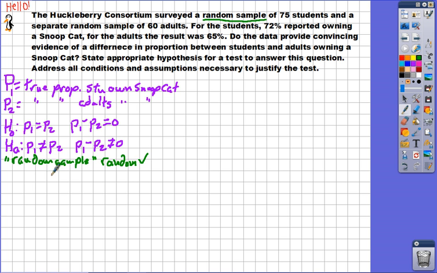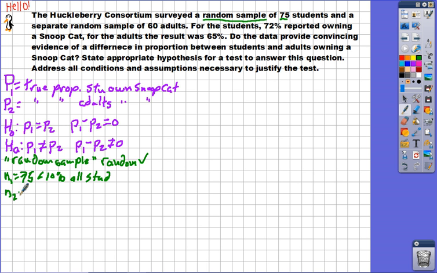Check. The next thing we need to check is that the 10% condition isn't violated. So we note that our first sample size is 75, right there. Doing it a little backwards. 75 is definitely less than 10% of all students, which would mean there are more than 750 students to choose from in the population of interest.